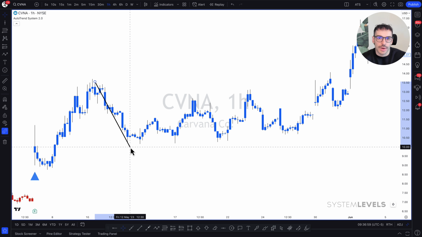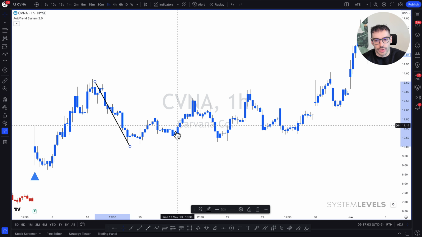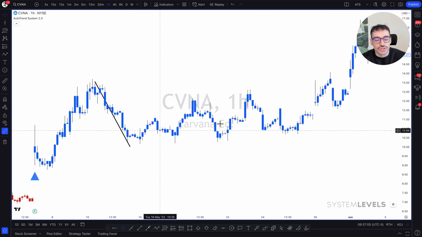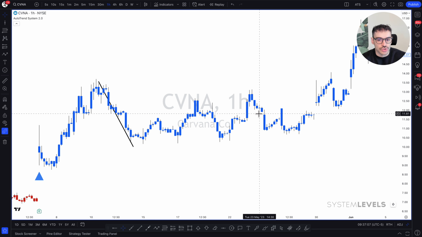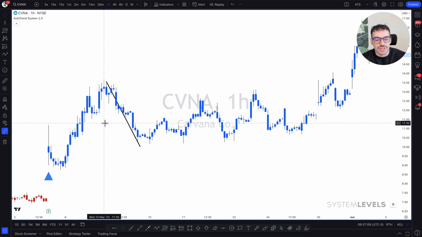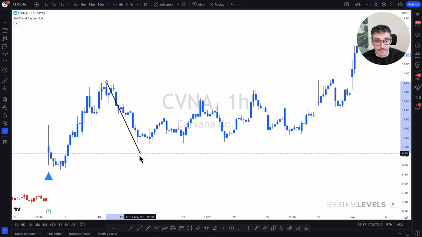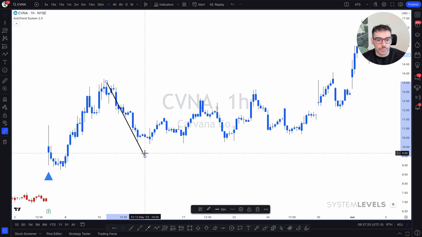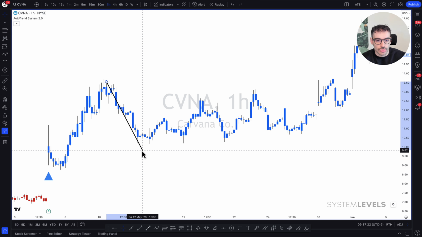We need another way, another layer to add to our strategy in order for us to have a clear set of rules for us to follow. Because the AutoTrend system is all about following clear rules that we can do over and over again consistently and systematically. And if you are a member of the system, you know that we do everything based on very clear non-subjective rules.